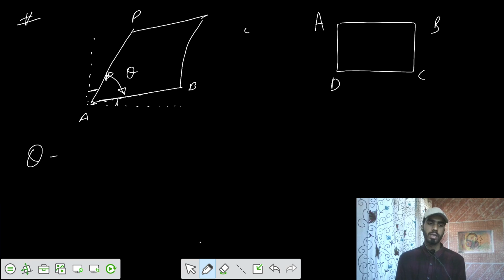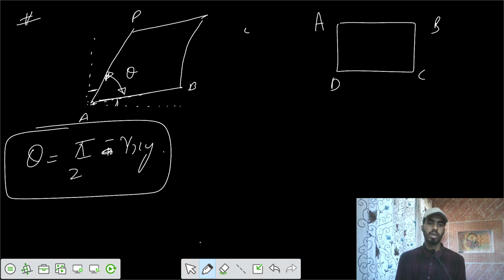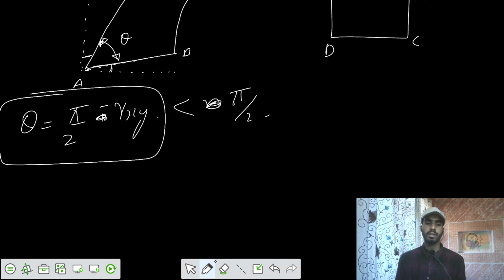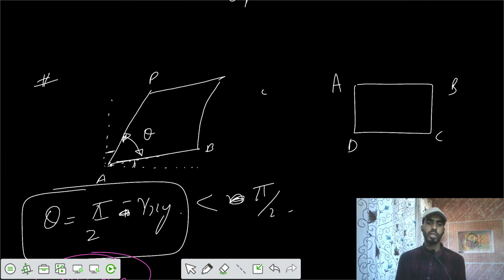I would say theta equals pi by 2 minus gamma xy, so your theta here is less than pi by 2. If theta is less than pi by 2, I'd say that your shearing strain is positive.